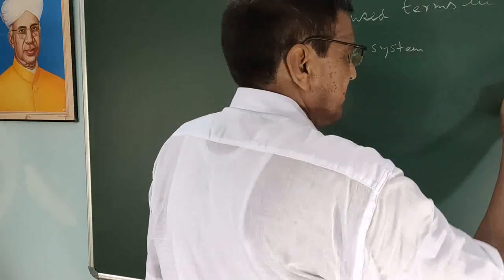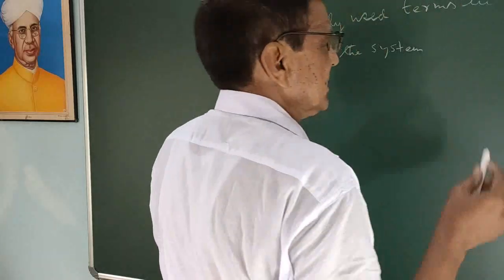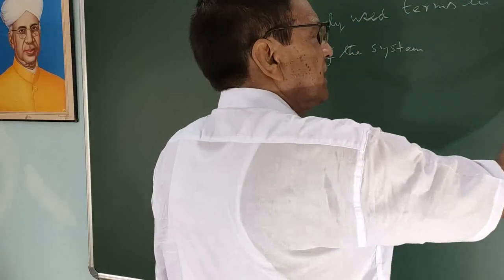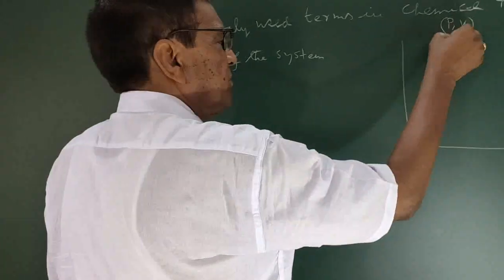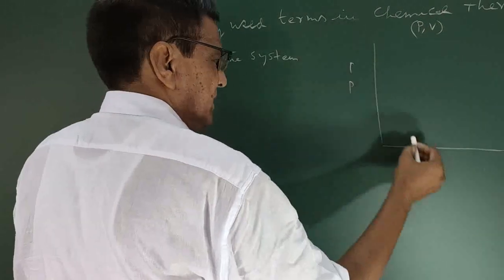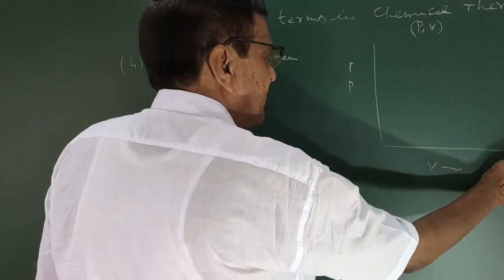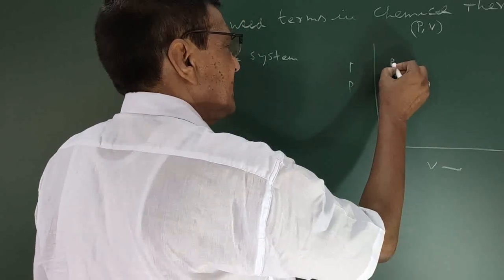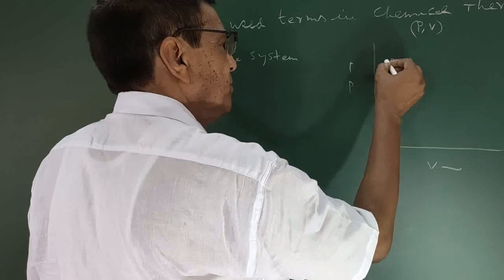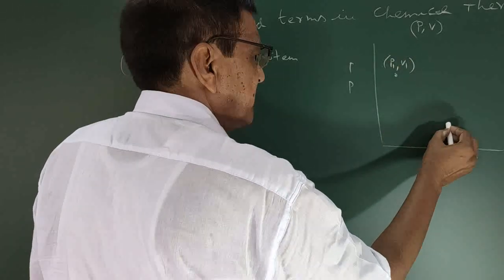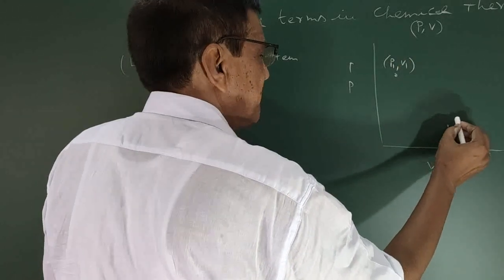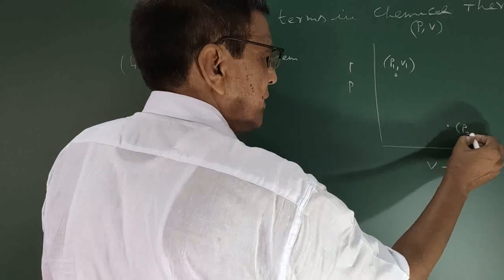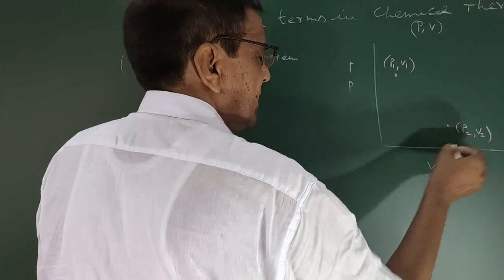Say, as one example, the system is defined by pressure and volume. This is the pressure and this is the volume, and suppose this is the initial state with pressure P1 and volume V1, and this is the final state with pressure P2 and volume V2.